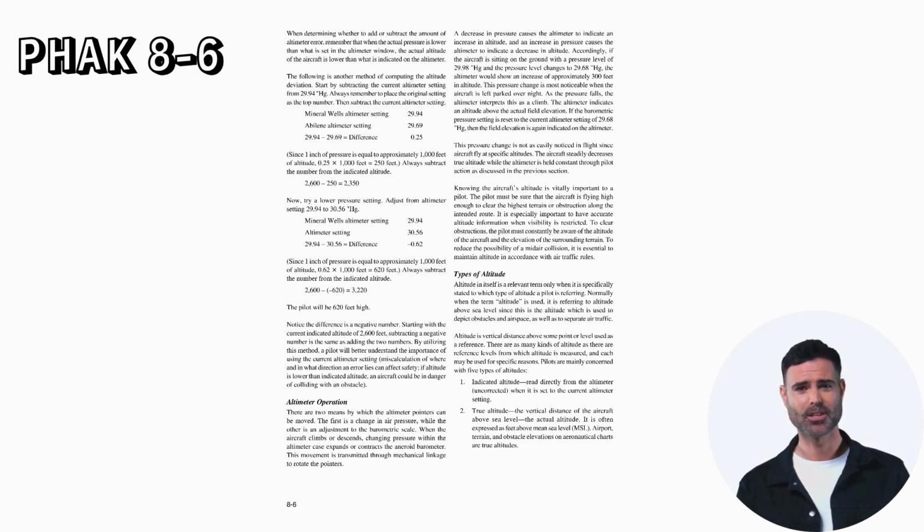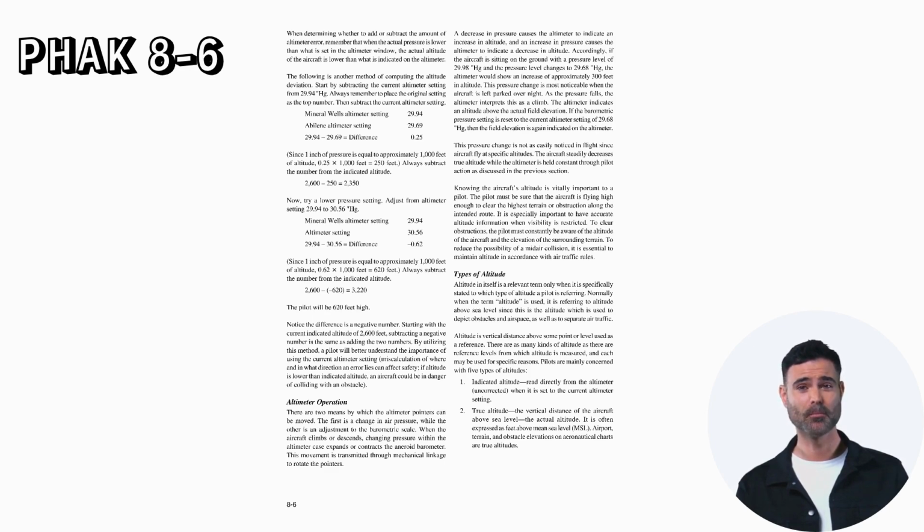This pressure change is not as easily noticed in flight since aircraft fly at specific altitudes. The aircraft steadily decreases true altitude while the altimeter is held constant through pilot action, as discussed in the previous section. Knowing the aircraft's altitude is vitally important to a pilot. The pilot must be sure that the aircraft is flying high enough to clear the highest terrain or obstruction along the intended route.